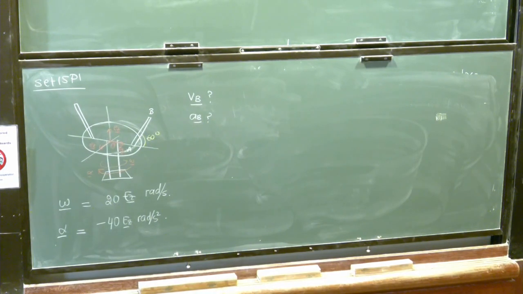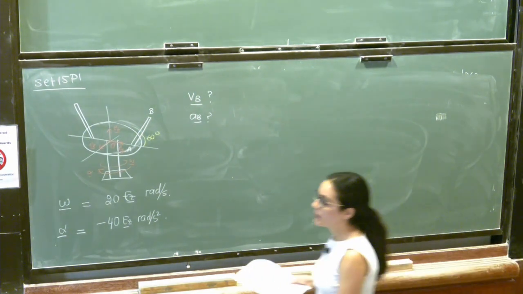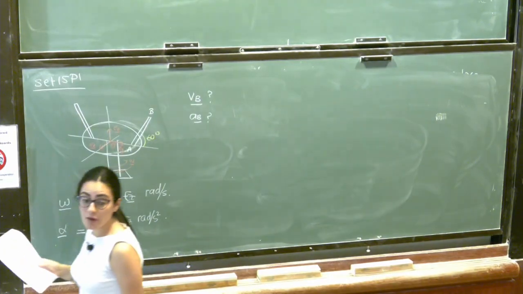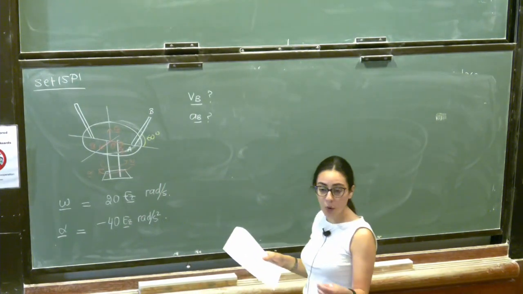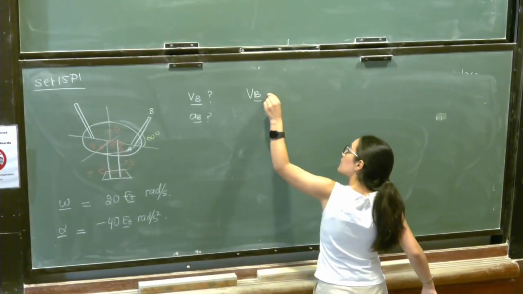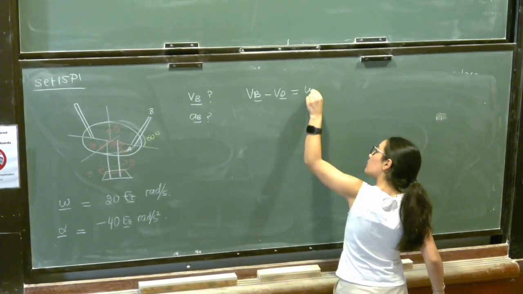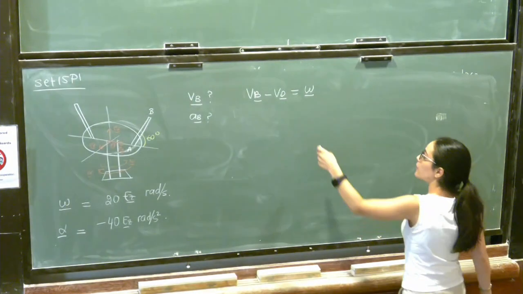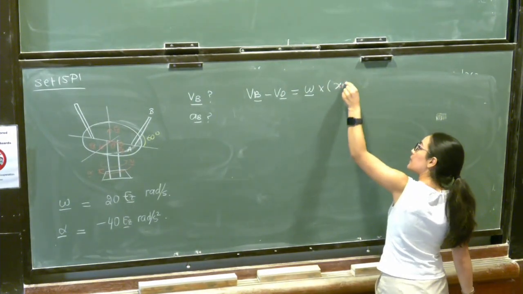So what's the equation then? VB is equal to omega cross RB. Okay, where does this equation come from? You're going to relate the velocity of two material points on the same rigid body, which are O and B. So VB minus VO is equal to omega of the rigid body cross XB minus XO.